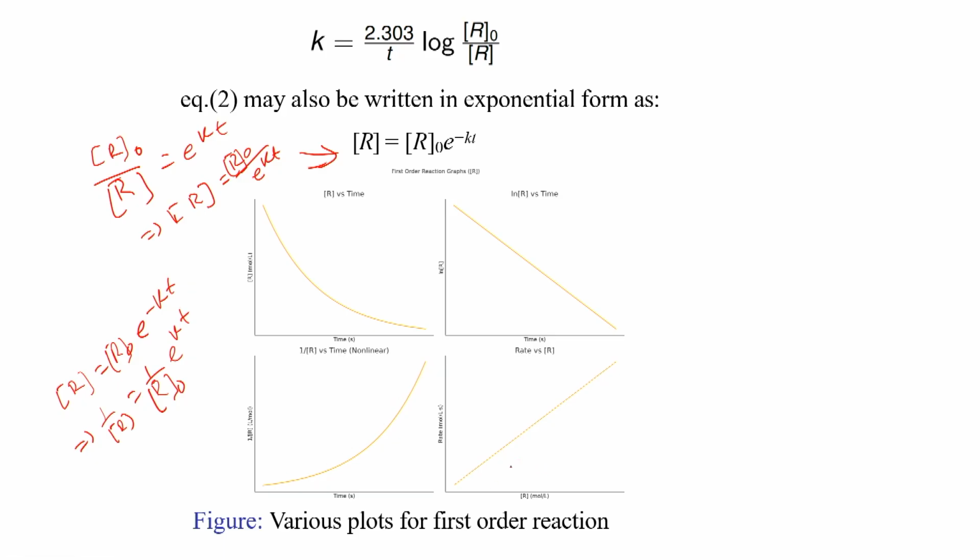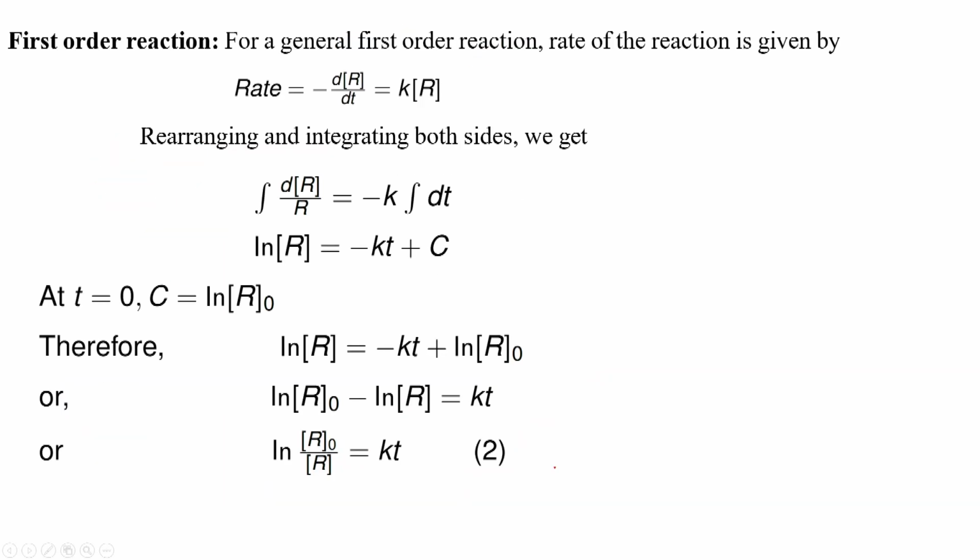Now if we plot rate versus concentration of r, so if we go back and check, it will be again a straight line passing through the origin, right? So this is y, this is the rate. So y is mx plus c, where c is 0 here.